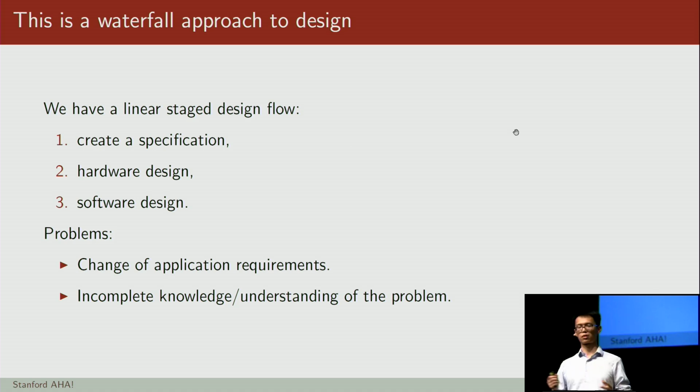There are lots of root causes for this problem. For instance, it may be caused by change of application requirements, or due to incomplete knowledge or understanding of the problem. In the context of building hardware accelerators, because application requirements change, your accelerator may be mistargeted. Or simply due to misunderstanding of the hardware constraints, the performance model used to model your application during the initial design phase may be invalid.